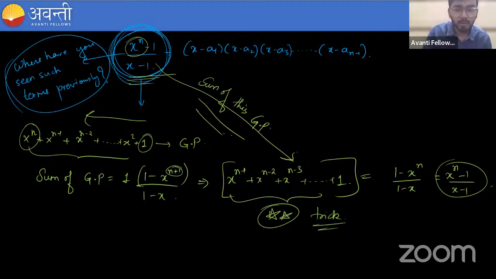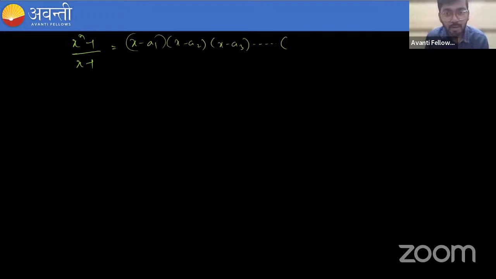Now, in the next slide, let's see. Can I write this x power n minus 1 upon x minus 1 equal to whatever it was, x minus a1 into x minus a2 into x minus a3 dot dot dot up to x minus a n minus 1, right? Now this we already know.